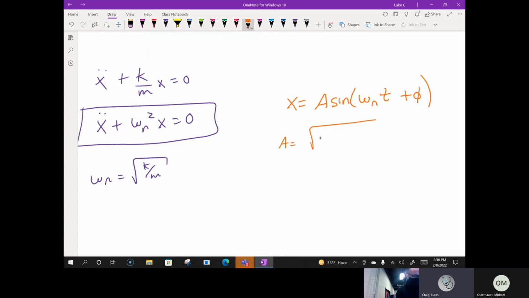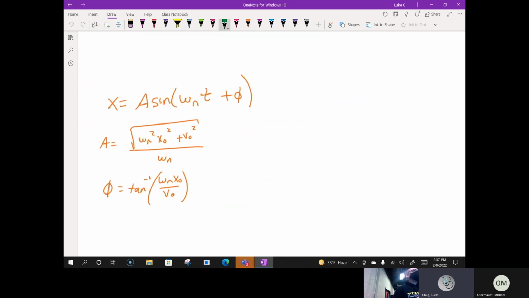Now, A is found by this. And phi is tan to the minus 1 omega n x naught over v naught. Perfect. Okay.